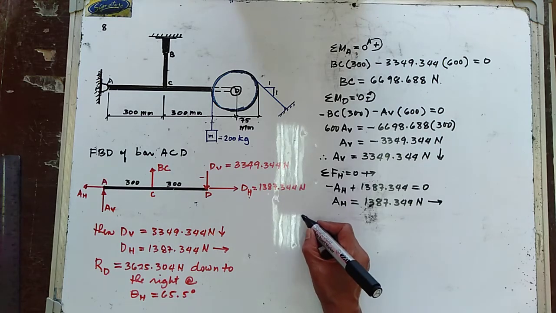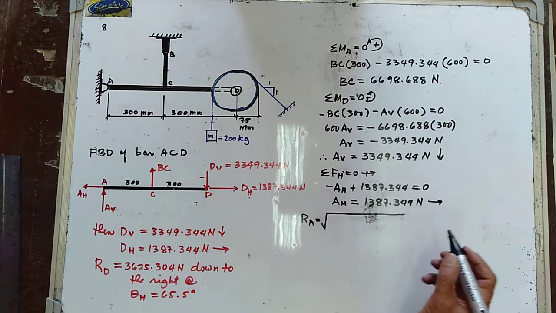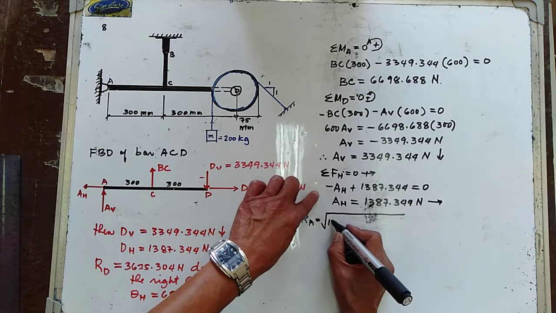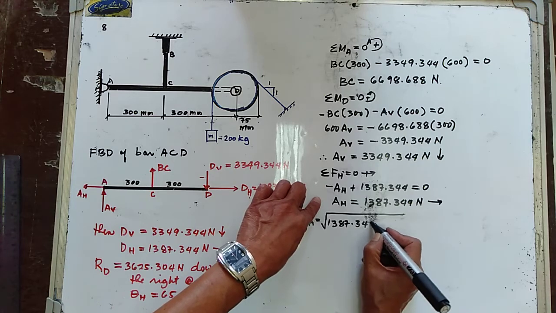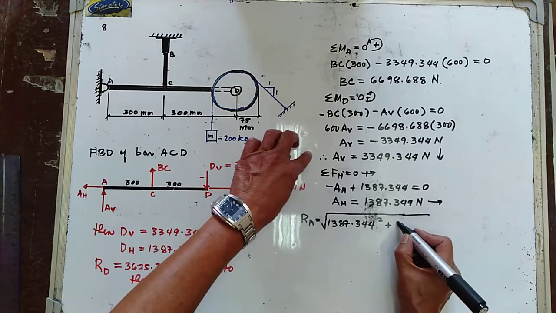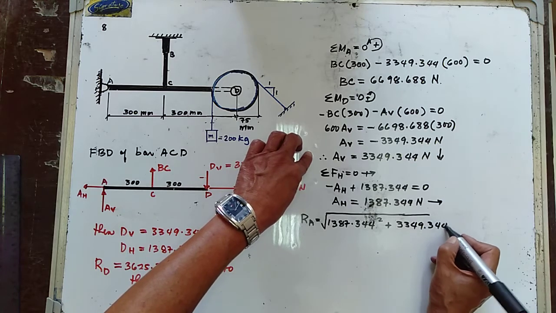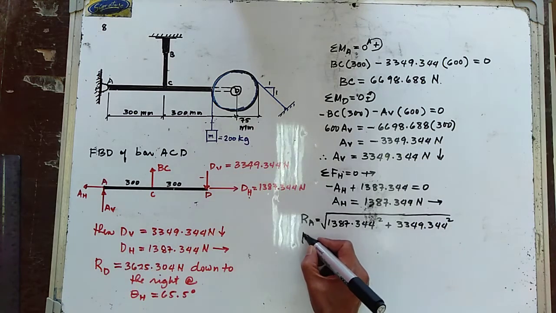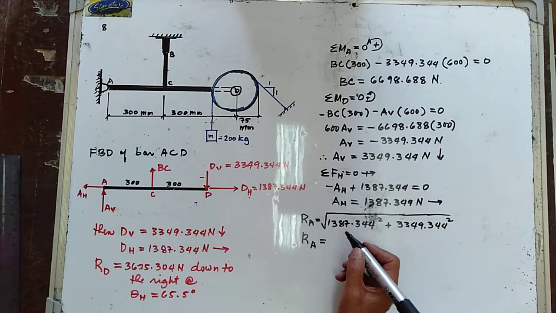Hence, the total reaction at point A is now equal to the square root of AH squared, 1387.344 squared, plus A vertical squared, 3349.344 squared. So the total reaction at point A is equal to 3625.304.